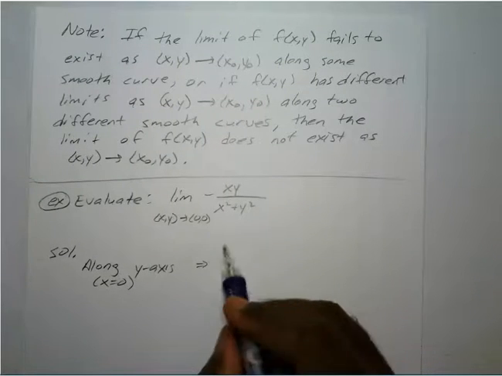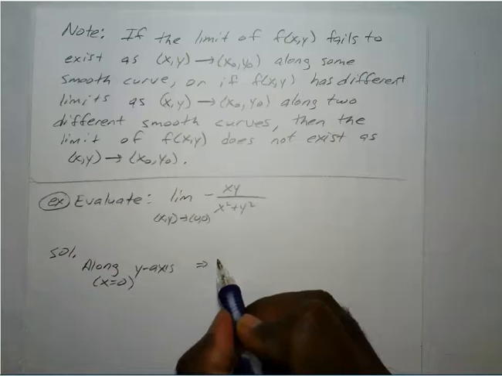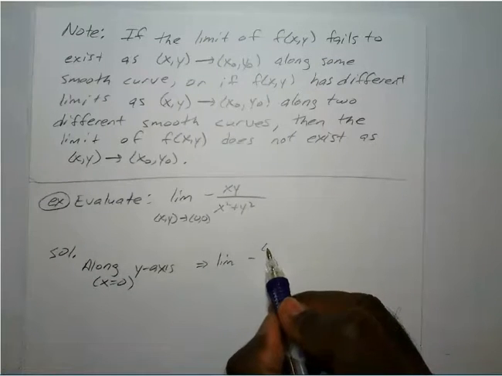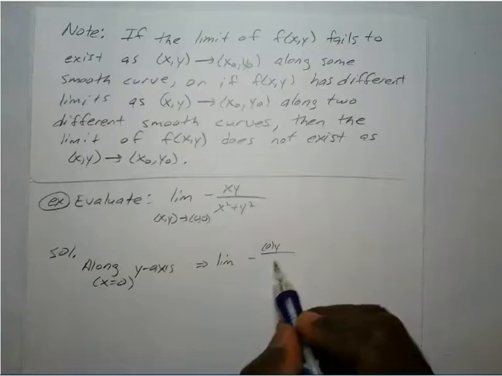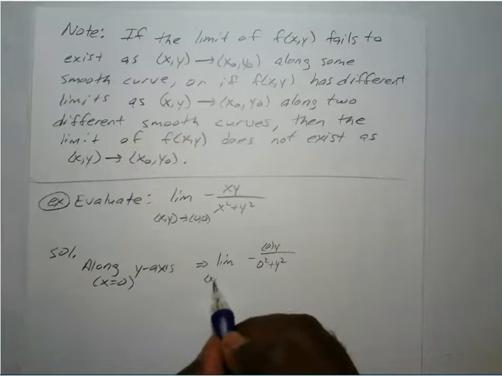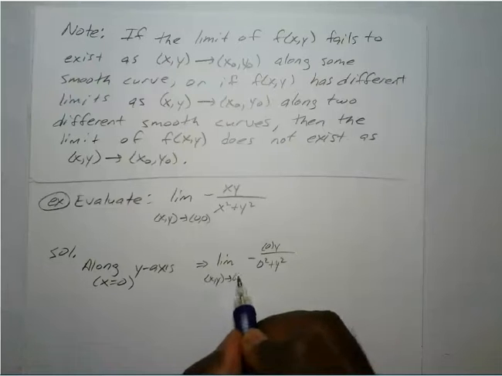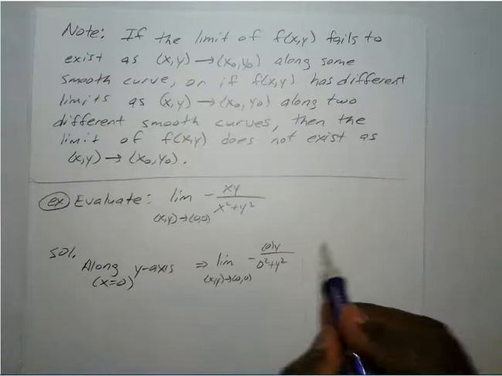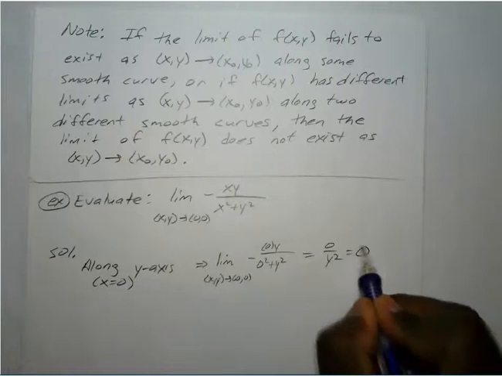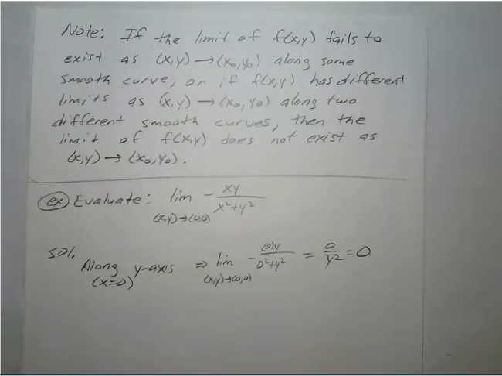Okay, so that means you have the limit of negative 0 times y over 0 squared plus y squared as x, y approaches 0, 0. And you get 0 over y squared, which is 0. And honestly, if we did the same thing with y equals 0, we get 0 again.